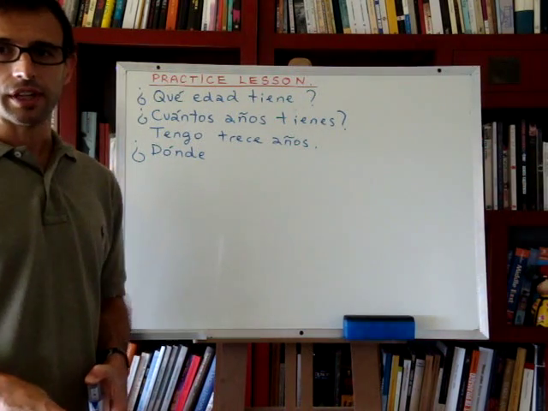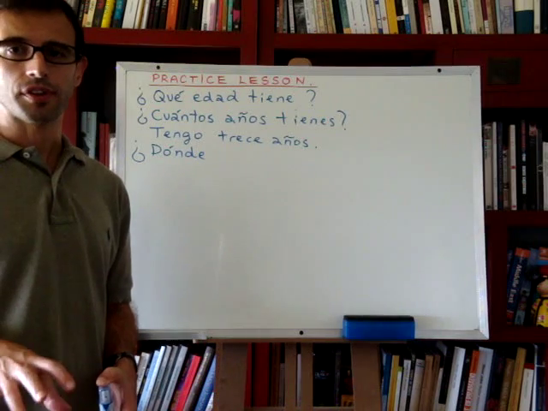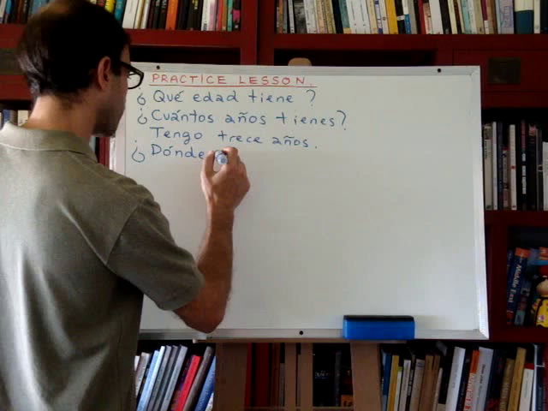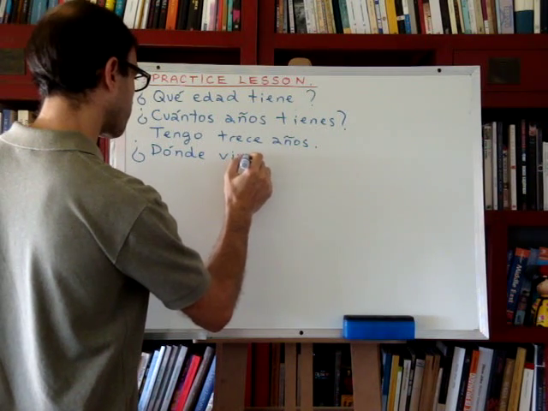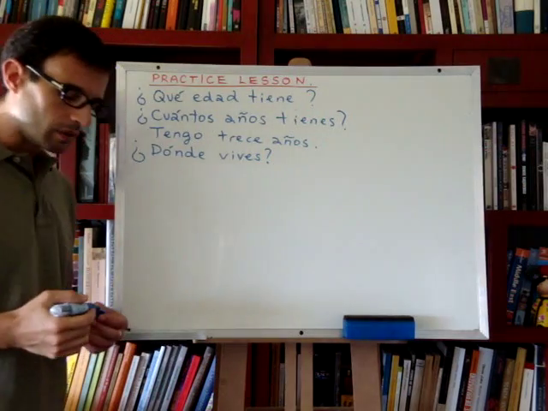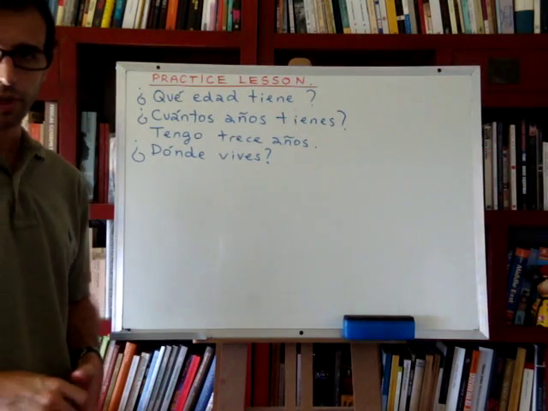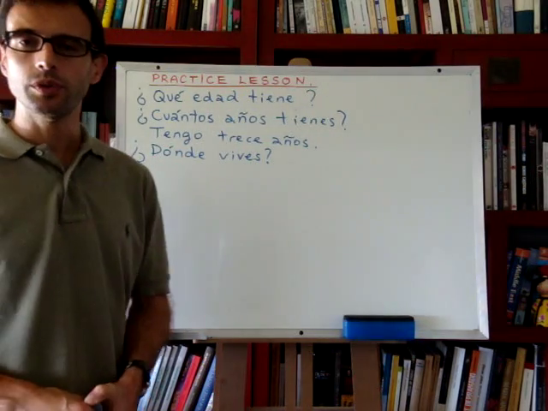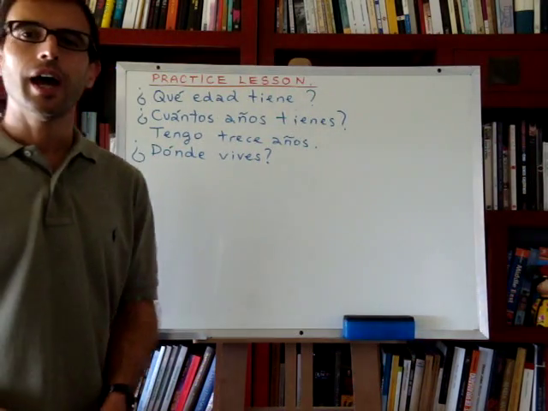The verb vivir in present tense for the second person of the singular for you is vives, right? Remember, vivir is a regular verb of the third group, right? The verbs that end in ir. ¿Dónde vives? Where do you live?